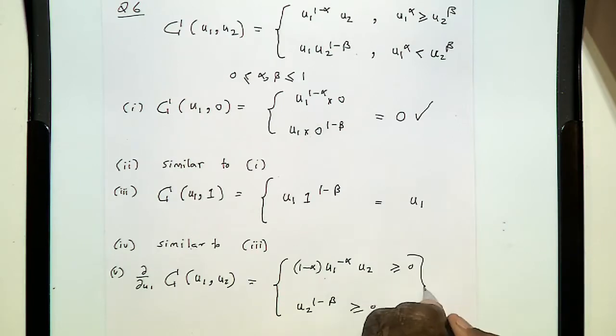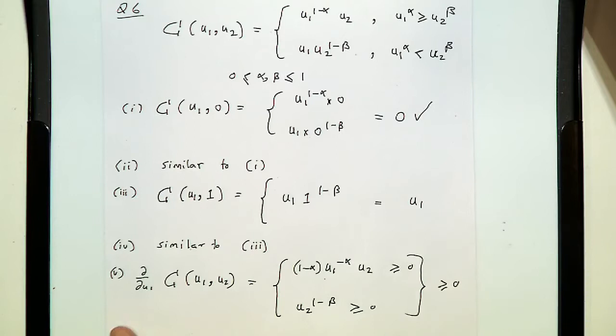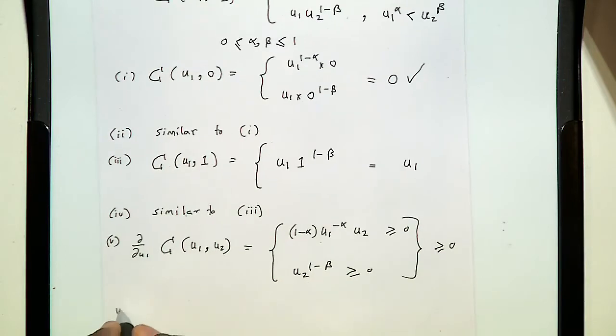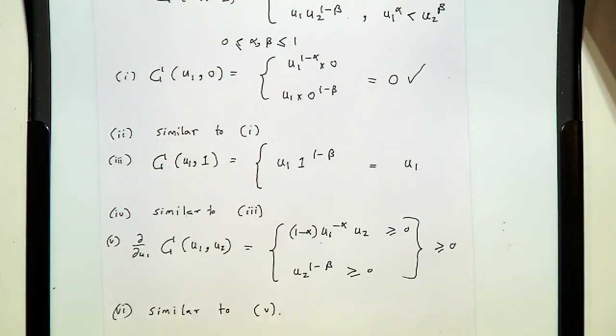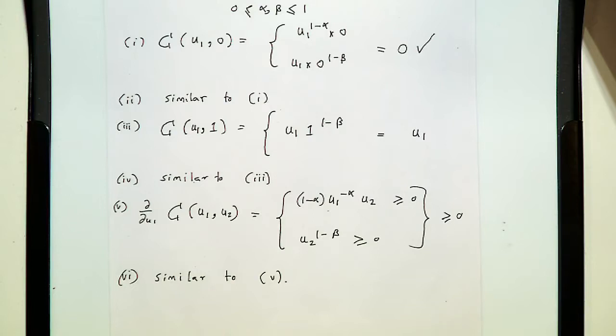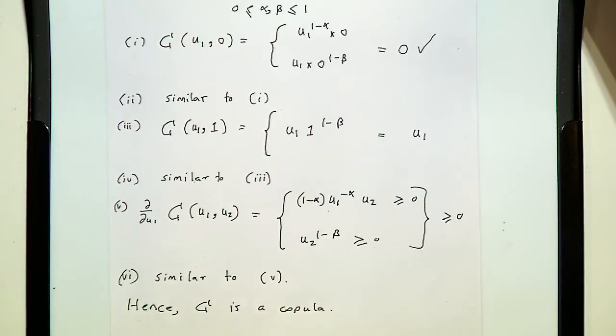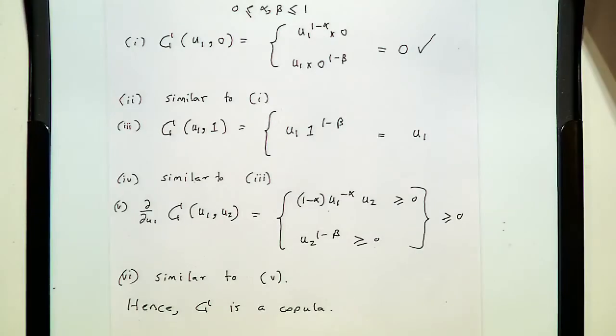So the whole thing is non-negative, right? And condition 6 is similar to 5. So all conditions are satisfied. Hence, C is a copula. Are you guys okay with this or not? Yeah? Hello guys. Are you okay? Yeah? Okay, good.